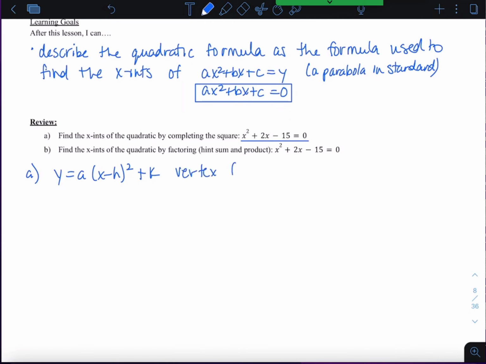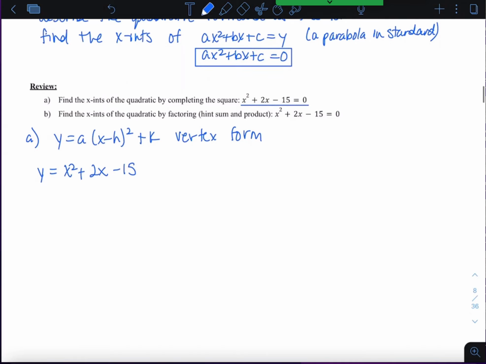So one way to answer this question is to take x squared plus 2x minus 15 and first put it into vertex form. The way I would do that is I would take my 2x term, take the 2, divide by 2, and then square it, and then I would add and subtract that term. This is called completing the square.